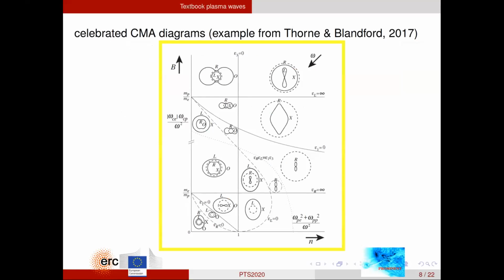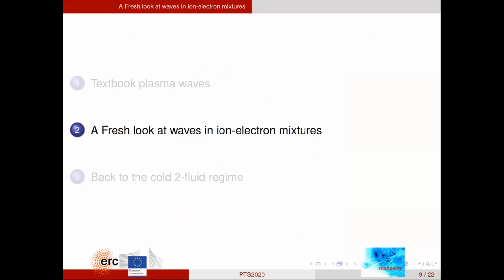Another thing that you may find in textbooks, for instance here, this is from Blandford and Thorne, are the celebrated Clemmow-Mullaly-Allis diagrams, where this whole information is in this complex figure, where we have refractive index horizontally, magnetic field vertically, and then necessarily the frequency sort of runs through this thing. Main point is, if you have ever seen these diagrams, you know that you're never using them really in practice. If you never used them before, you can forget about them, because that's what I'm going to tell you.